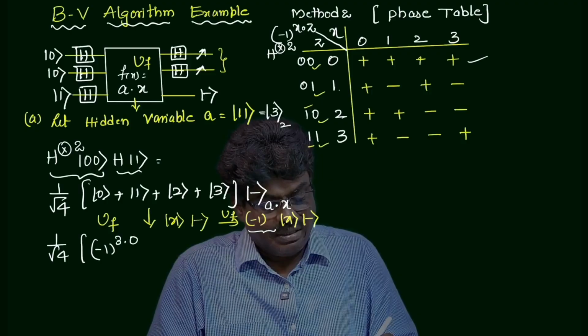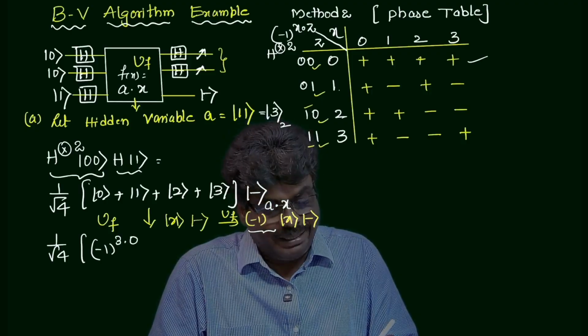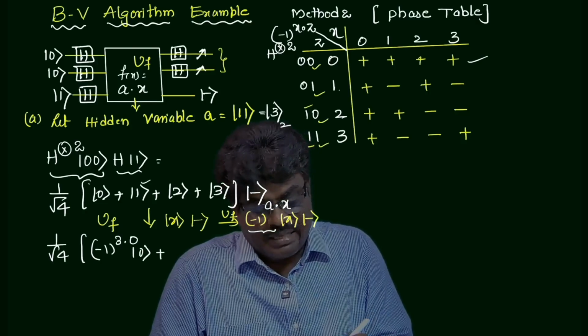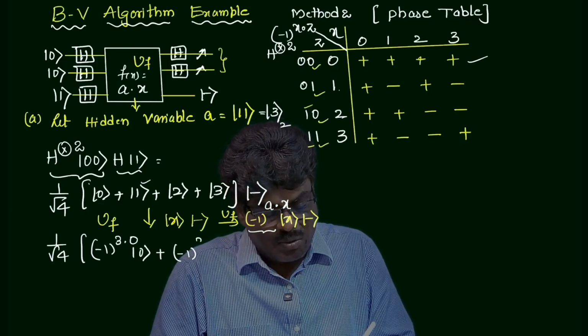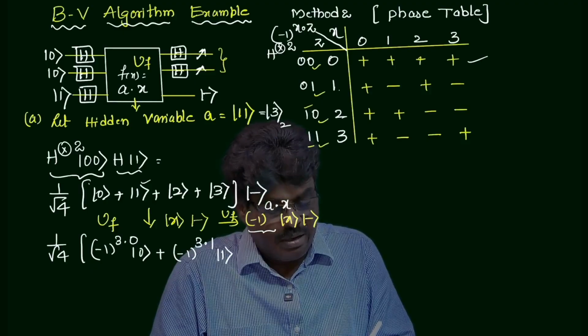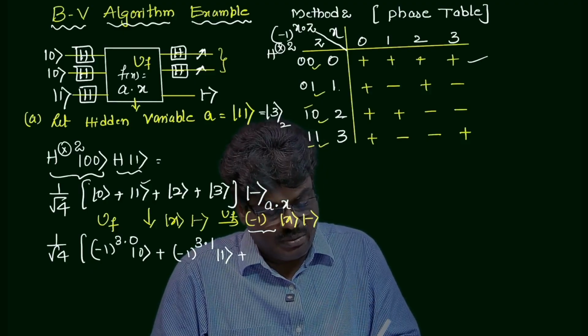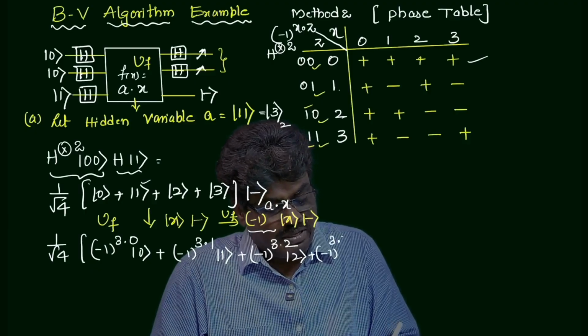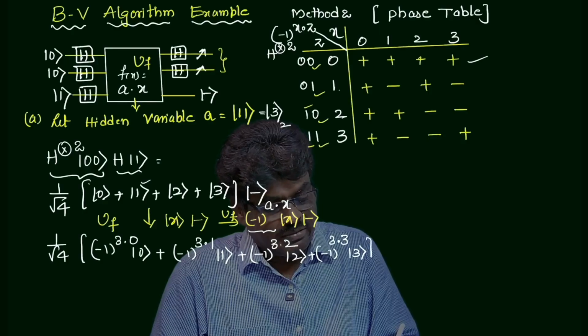Carefully observe this. Minus 1 whole power, a is 3, x is 0, plus next x is 1, minus 1 whole power 3 dot 1. I'm writing in the decimal state notation only, no need to worry. Minus 1 whole power 3 dot 2, 2, plus minus 1 whole power 3 dot 3, 3.